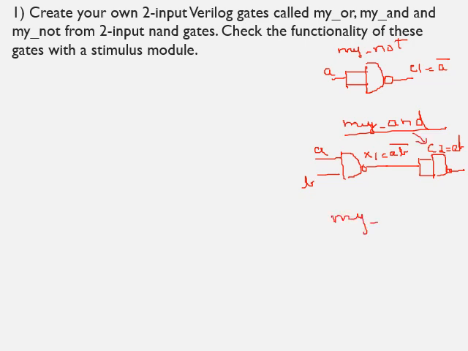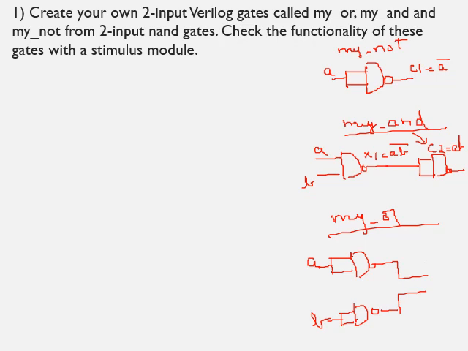Finally, my OR gate is realized using, say, two inverters. Say to one inverter I give A and to the other inverter I give B. These two signals are given to another NAND gate.